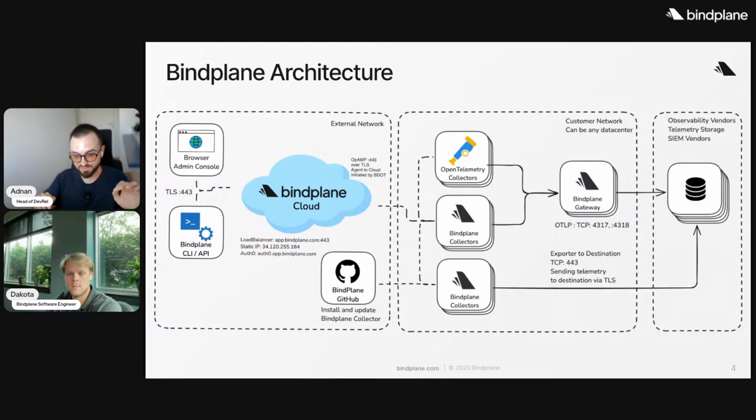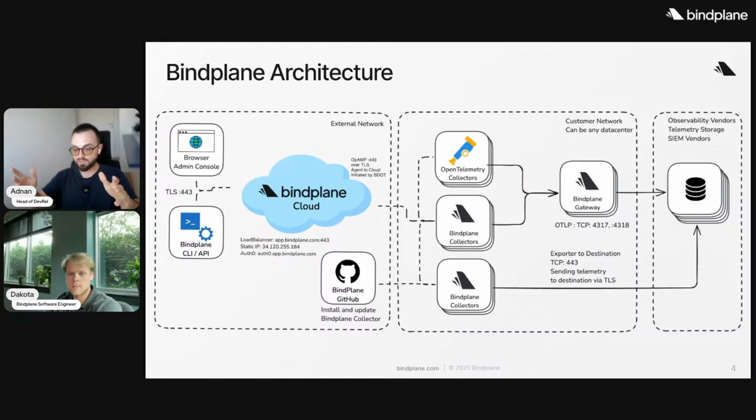But the kicker here is that you can also bring your own collector if you're building your own collector, and you can use our OpenTelemetry distribution builder, an open source tool as well, to build that. Because the only thing you really need here is op-amp support. So op-amp support, what does that really mean? Well, op-amp is the Open Agent Management Protocol, and that enables centralized config and fleet management over a WebSocket connection.